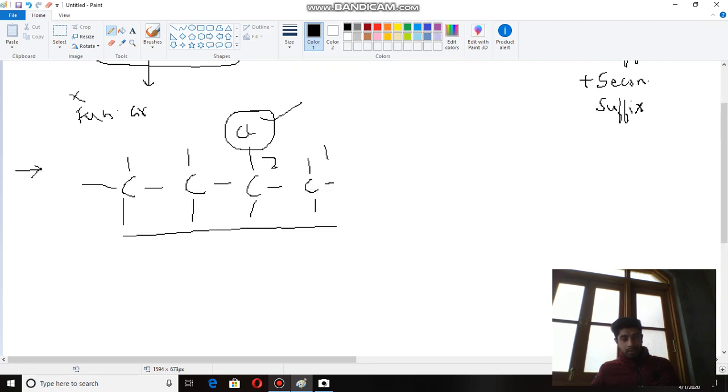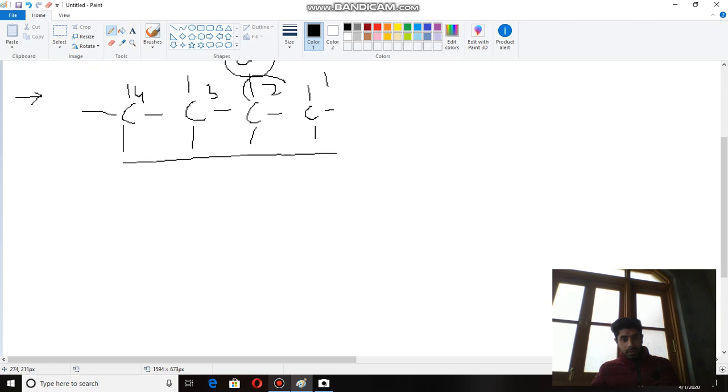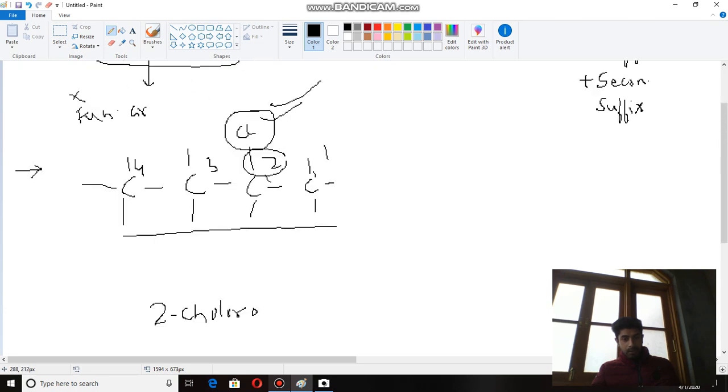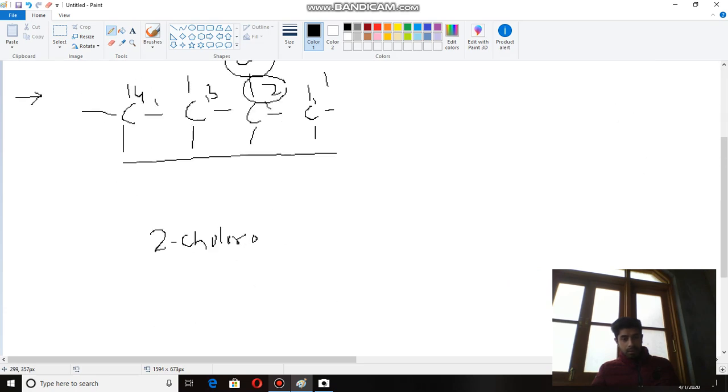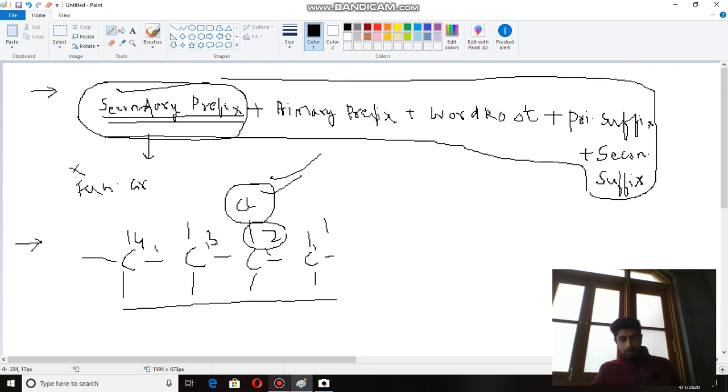It's 1, 2, 3 and 4. So at 2 we have this chlorine. So while naming it's 2-chloro, and its compound is 1, 2, 3, 4, bute, word root is bute. I hope you are trying to notice it from here.